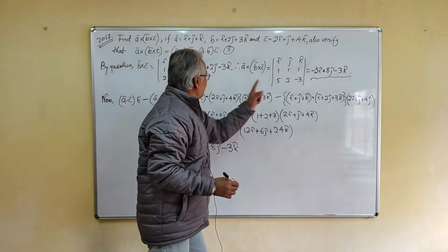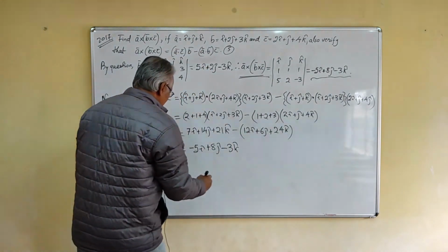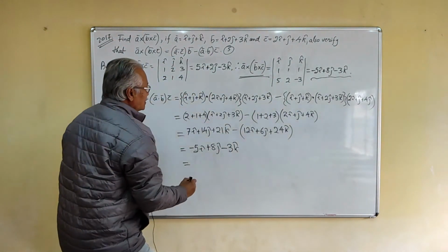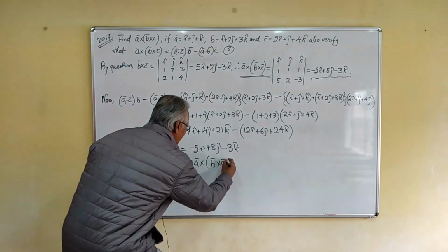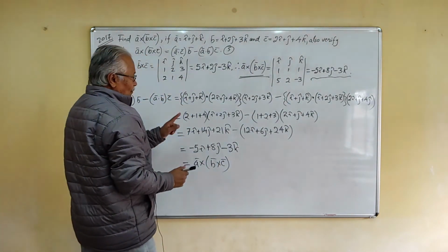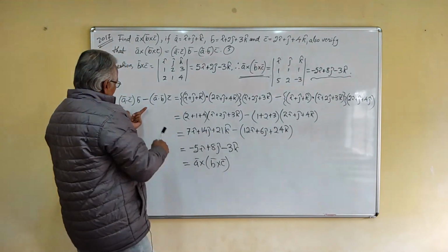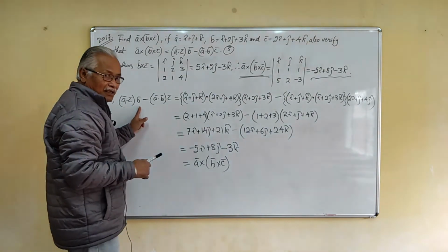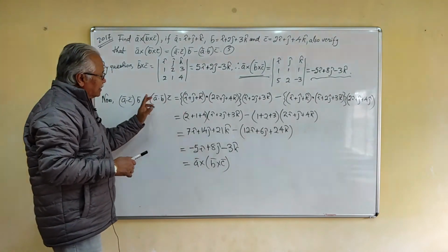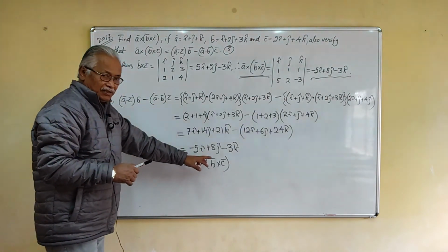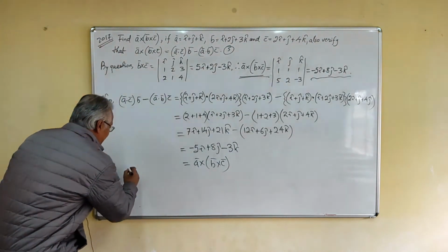But what is this? This is nothing but this one. So this is equal to A cross B cross C, right? All right. So we have been able to see that we have verified A dot C into B minus A dot B into C is equal to A cross B cross C. This can be taken as a formula also.